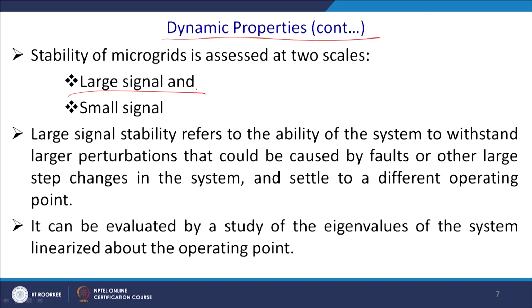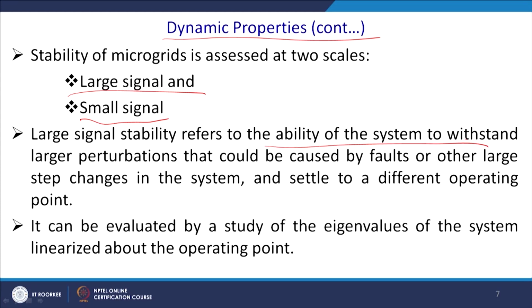If it is a huge load change or a sudden phenomenon that causes havoc to the microgrid, it is called large signal, and the small perturbations are called small signals. We need to analyze both stabilities, and then only can you find out the robustness of the system.